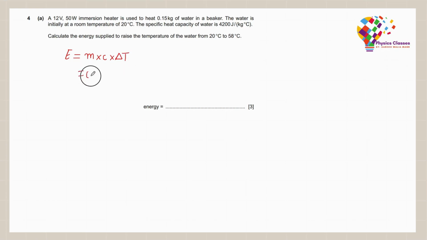The specific heat capacity for water is 4200 and the change in temperature would be 58 degrees minus 20 degrees, which would give me a change in temperature of 38 degrees Celsius. On doing the calculation, this energy comes out to be 23,940, which is approximately equal to 24,000 joules.